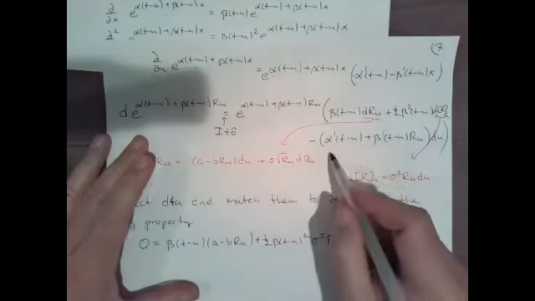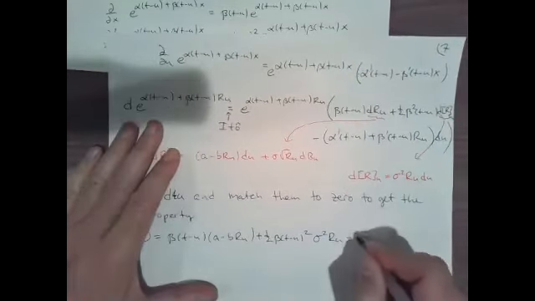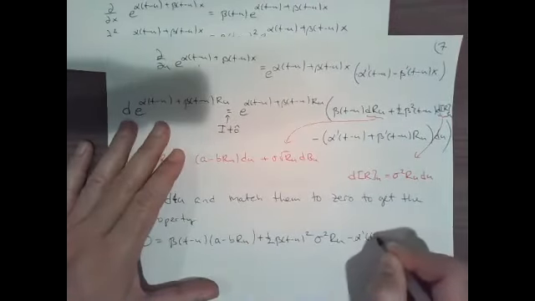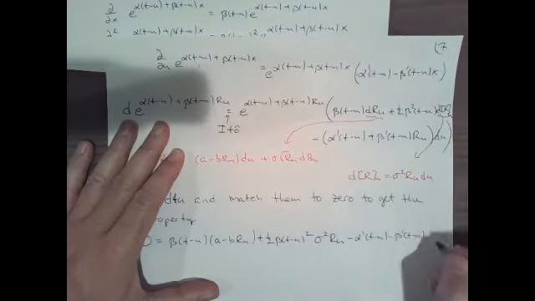And then finally, the time derivative over here, this will be minus alpha prime(t-u) minus beta prime(t-u) r_u.